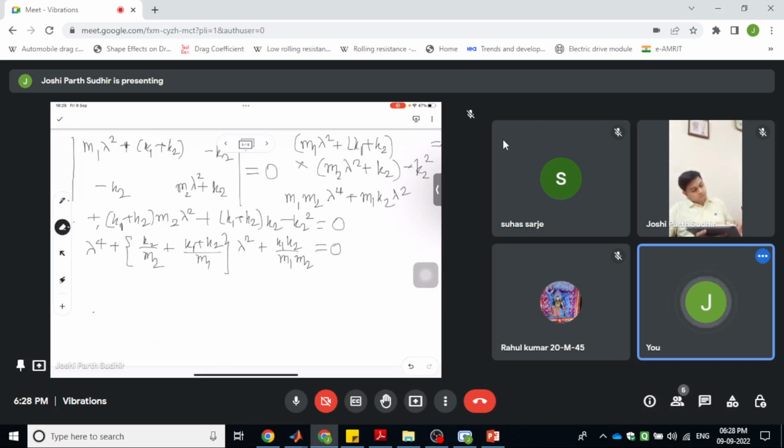Using this we can derive the natural frequency in terms of k1, k2, m1, m2.